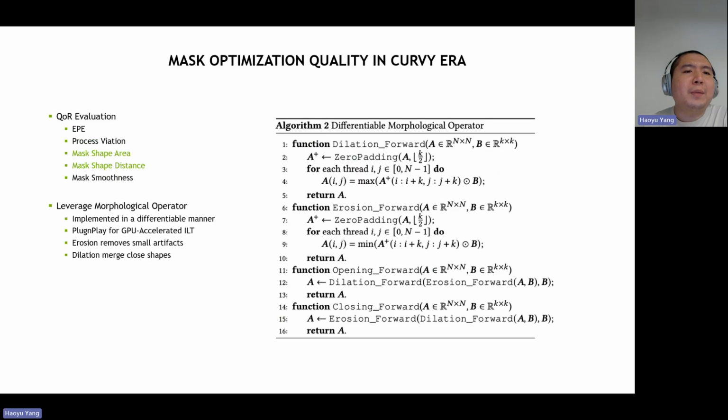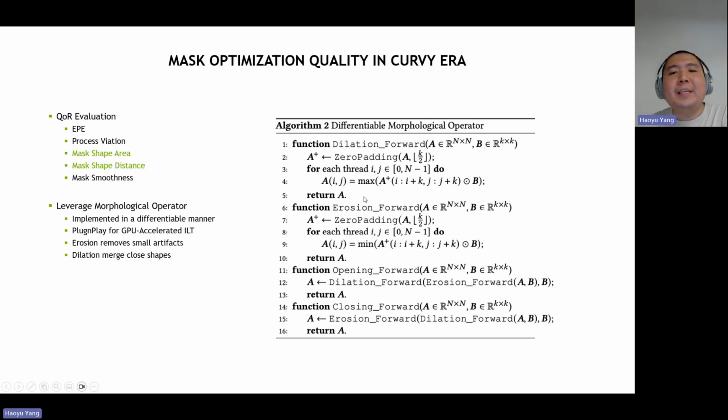For the remaining 2 items, the shape area and the shape distance, which are the assumptions we used when targeting the curvilinear mask, we still leverage the morphological operators, but in our case we implement all of them in a differentiable manner.